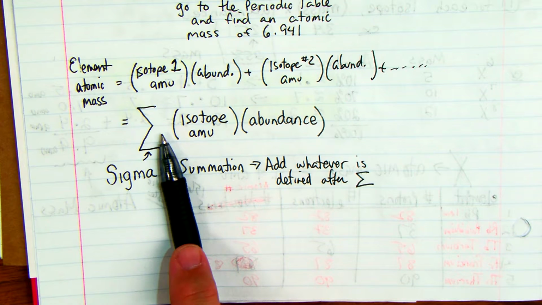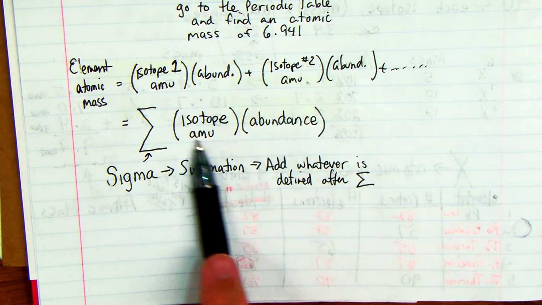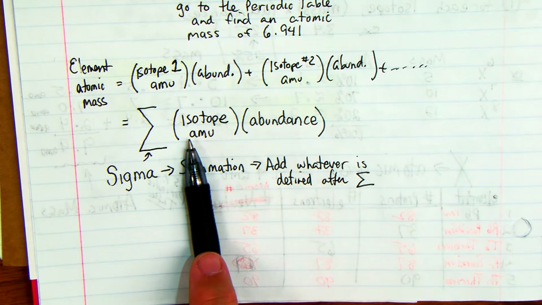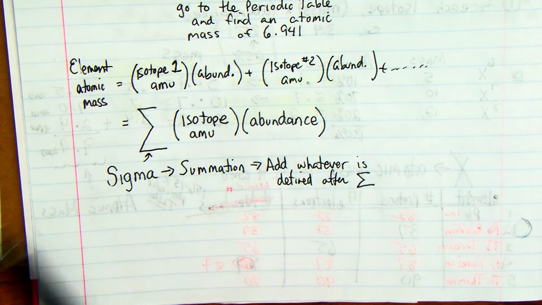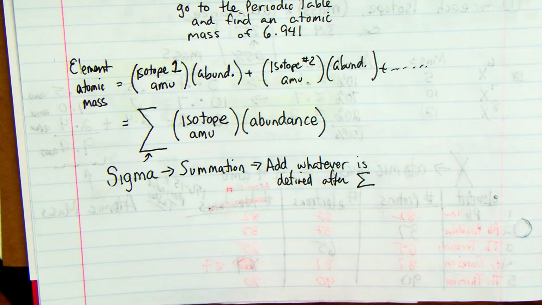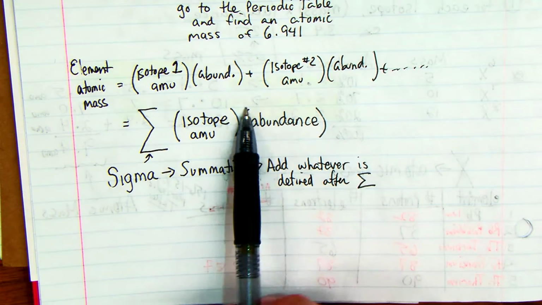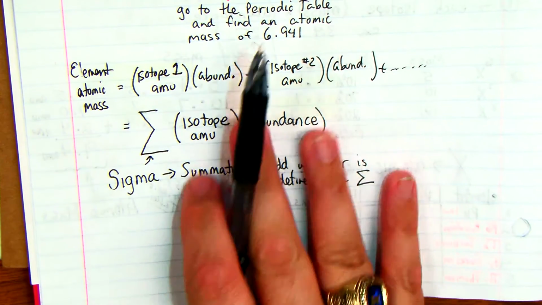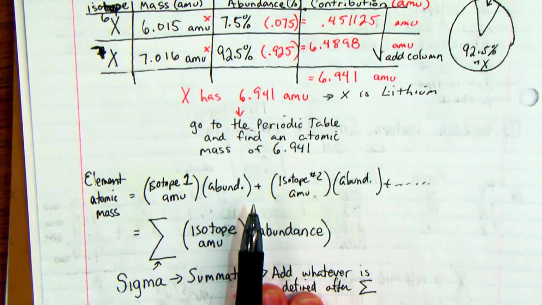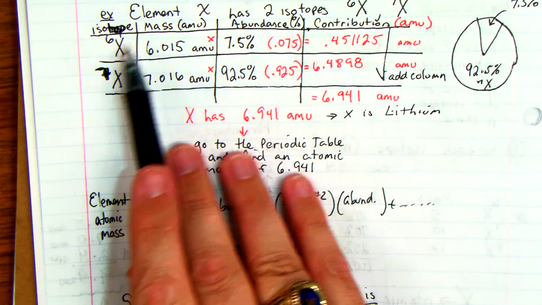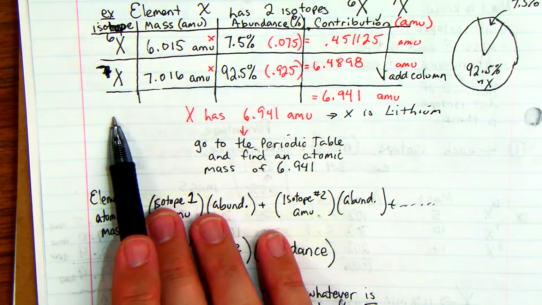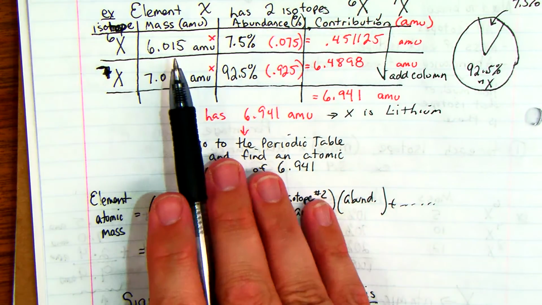Now, I'm not going to break your backs and make you add up like 17 different isotopes and all that stuff. But you got to know the process and how we set this up. I think the best way to do it is from a table, where you set up the isotopes, and because it's all nice and neat, then you put the AMUs in one column, you put the percentages in one column, you multiply them, and you get an answer.